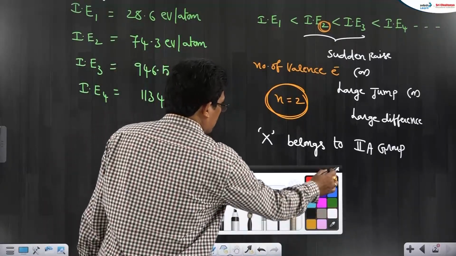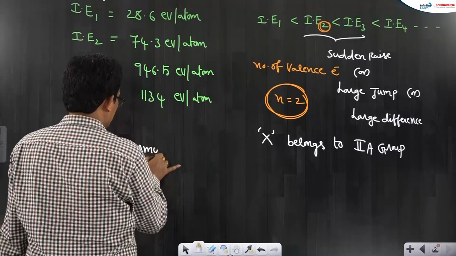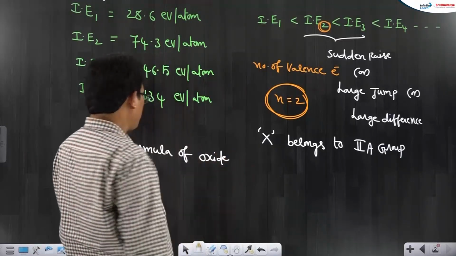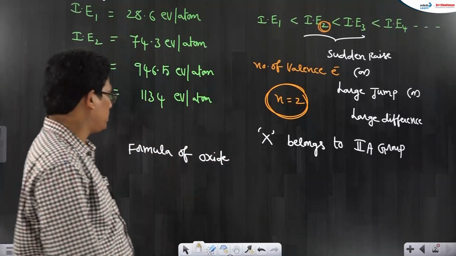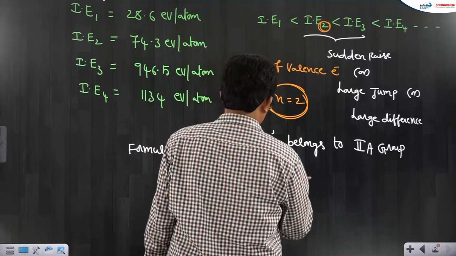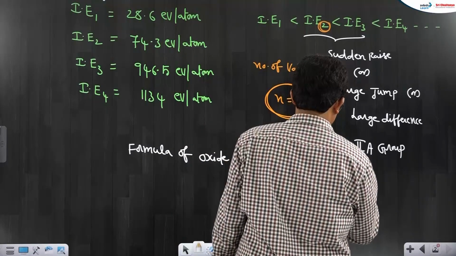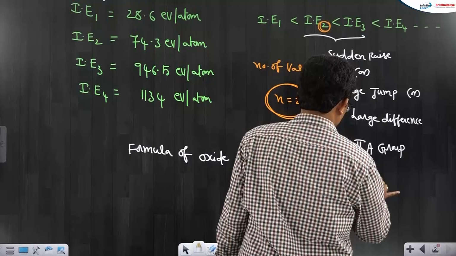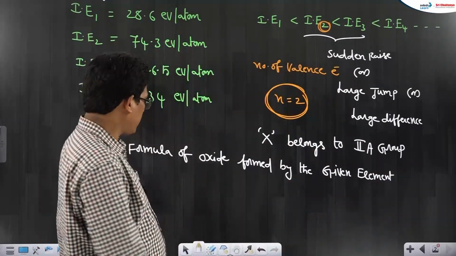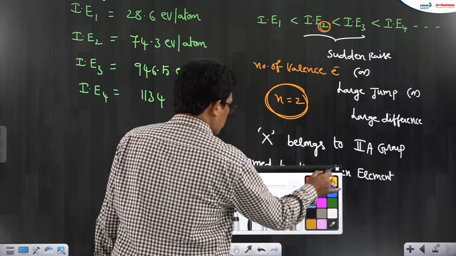For example, write the formula of the oxide formed by the given element. Here you already know the valency of X. X valency is 2.